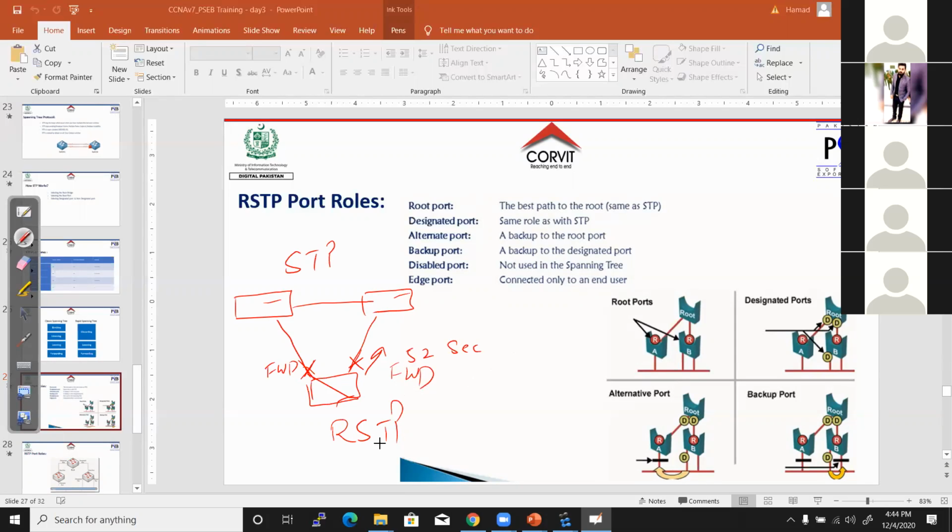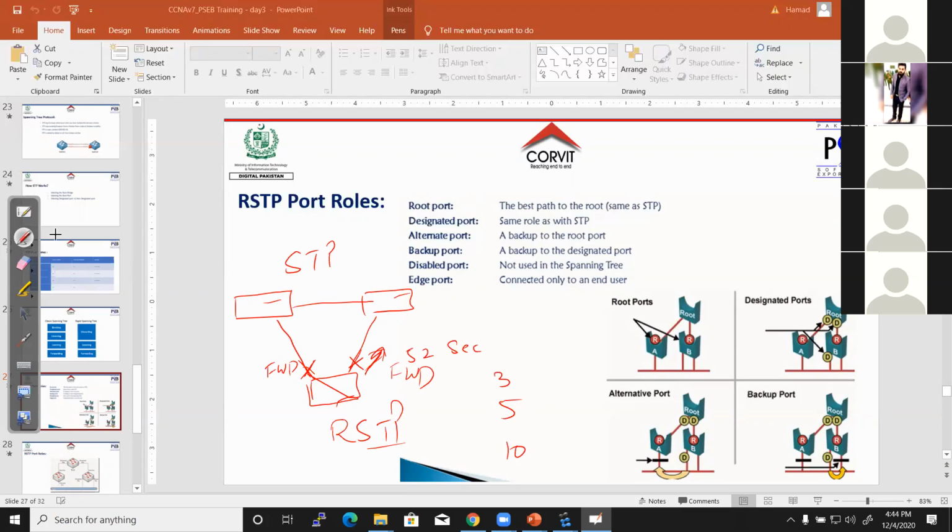But what I'm saying, in RSTP, it seamlessly comes out from the discarding state and goes into the forwarding state. I'm not saying 3 seconds, I'm not saying 5 seconds, I'm not saying 10 seconds. I'm saying seamlessly. That means not even 0 seconds, seamlessly.